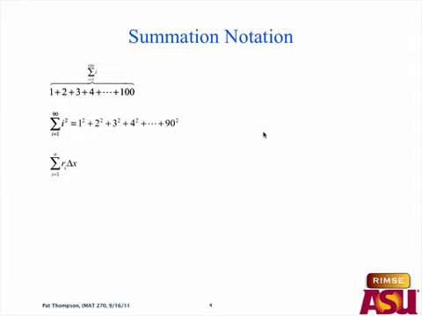Okay, try again. It's kind of too small, so I'll write it bigger here. It's I equals 1 to n, r sub I delta x.